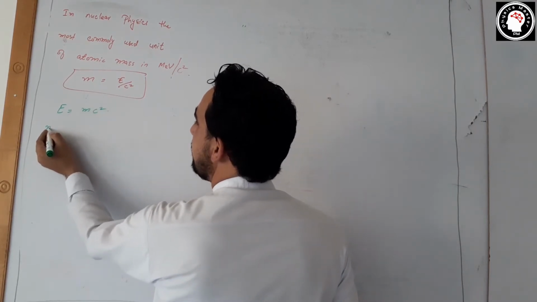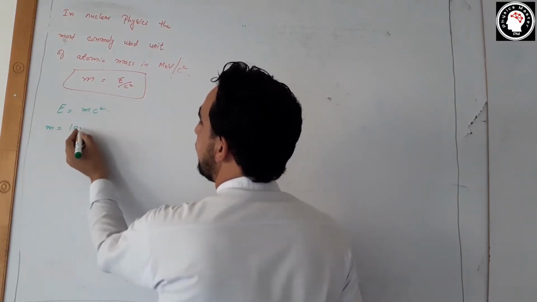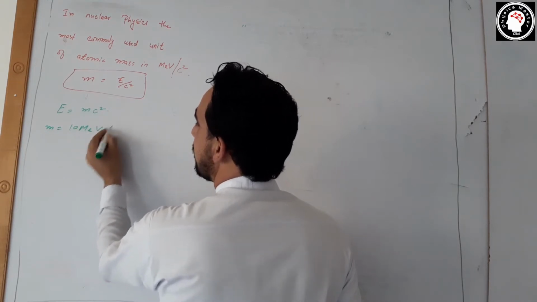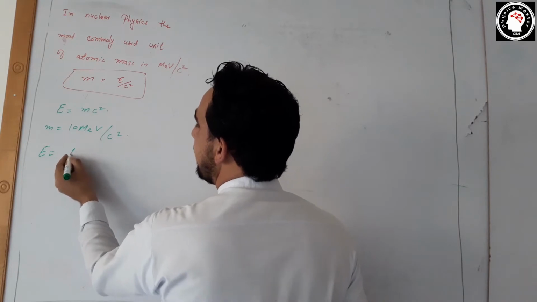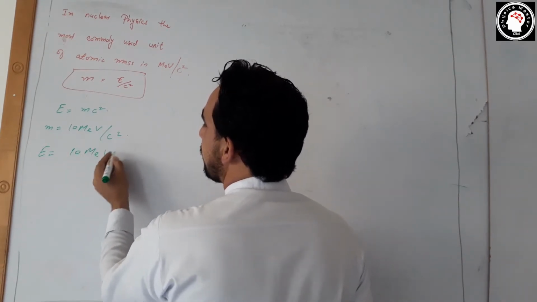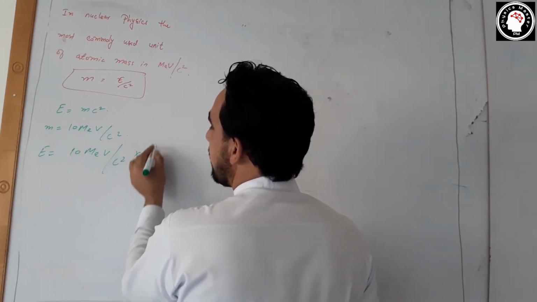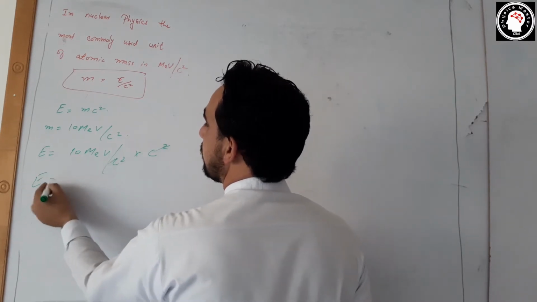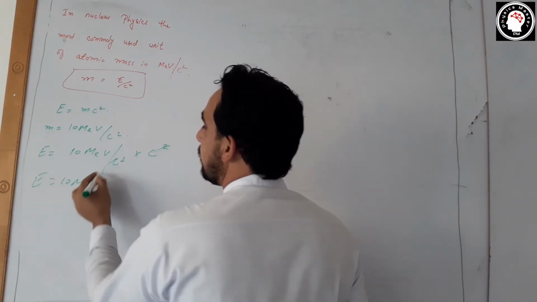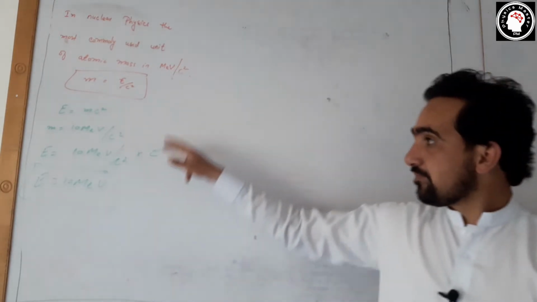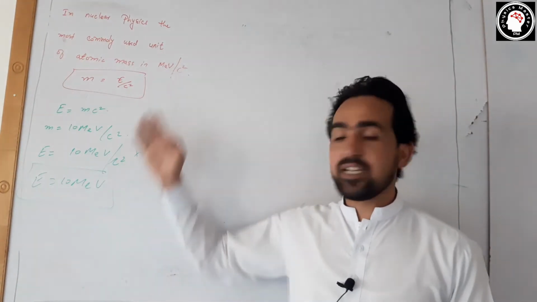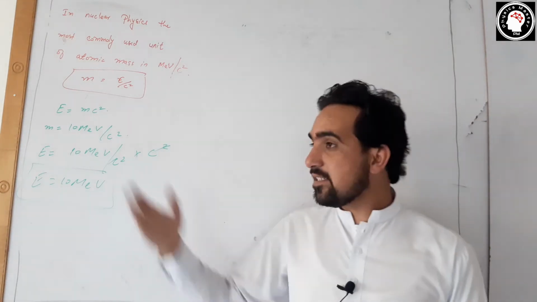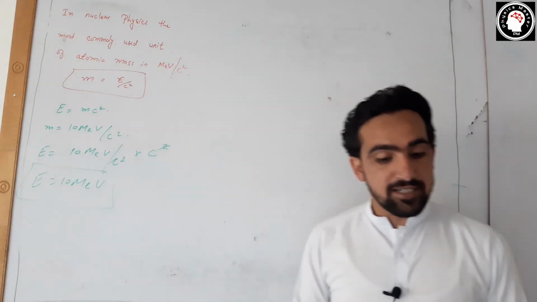For example, m is equal to 10 mega electron volt per c square. So the energy equivalence of this mass will be 10 mega electron volt per c square multiplied by c square, which gives us 10 mega electron volt. So we use this unit because it gives us an easy conversion of energy equivalence of mass.